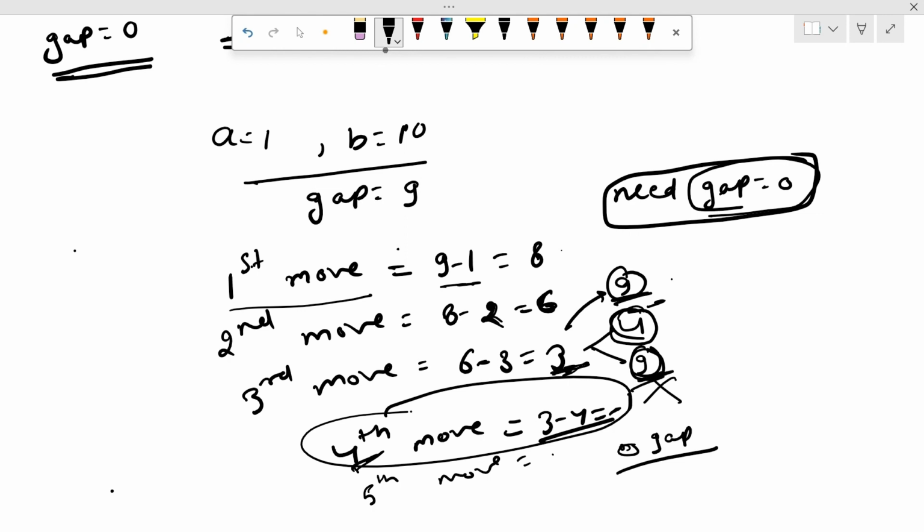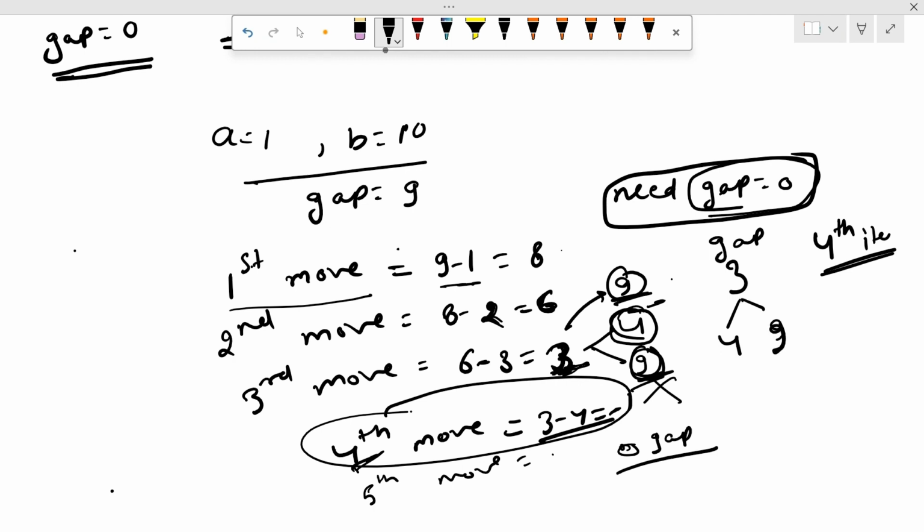So what we did: when we have a gap of 3 and we are on our fourth iteration, what we need is gap 4 or 9.